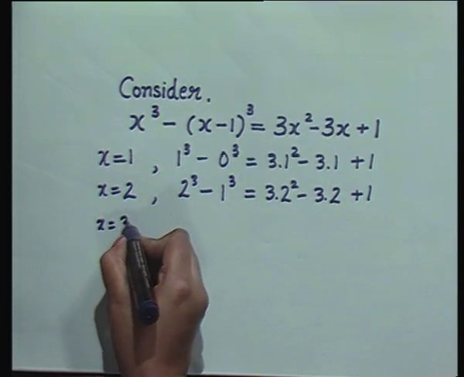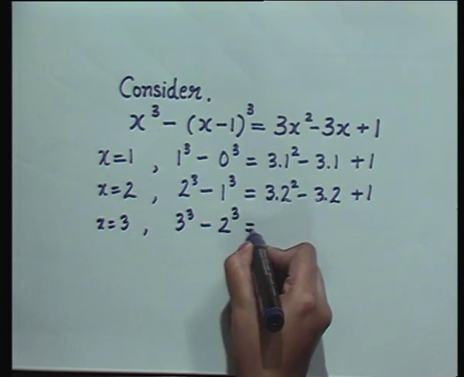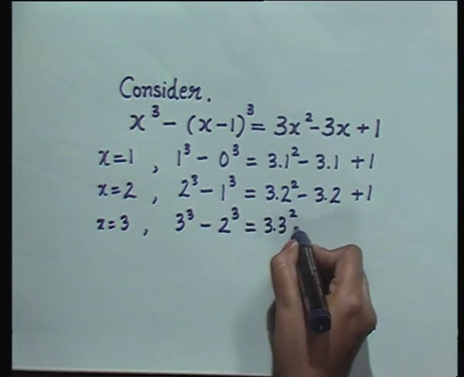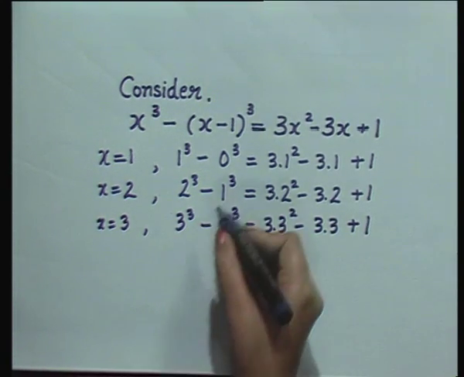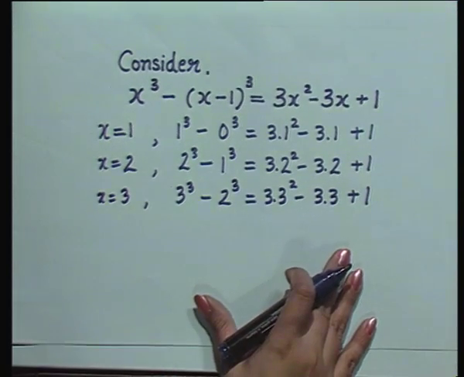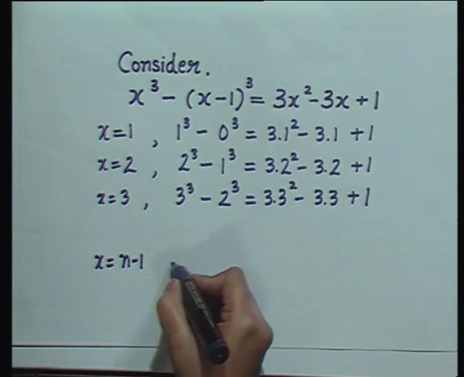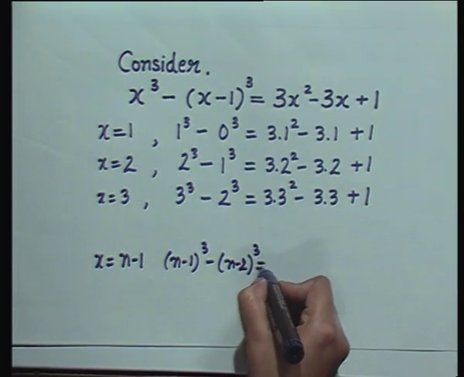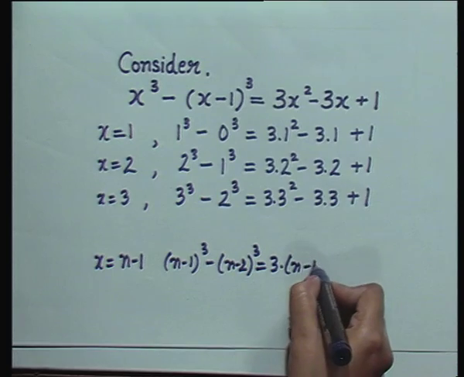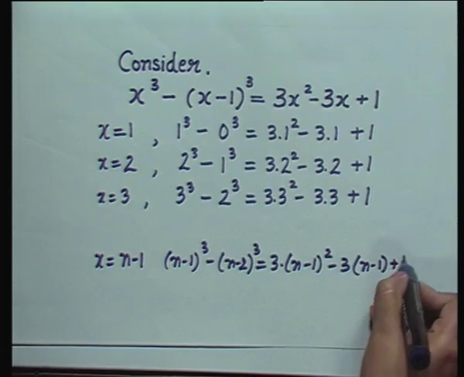Similarly, x equal to 3 will give you 3 cube minus 2 cube is equal to 3 into 3 square minus 3 into 3 plus 1. This can go on till we take the value of x as, say, n minus 1, and therefore you will have (n minus 1) whole cube minus (n minus 2) whole cube is equal to 3 into (n minus 1) whole square minus 3 into (n minus 1) plus 1.